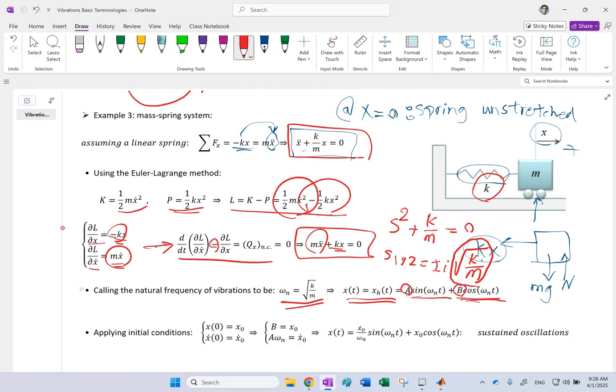And again, a and b are coming from the initial conditions. You can initially move the spring away from static equilibrium and let it move so it keeps oscillating back and forth. Or you can give it an initial velocity by kicking it, or you can have both. In this case, again, you can find b and a based on these two initial conditions, and this is, again, a sustained oscillation for the system.